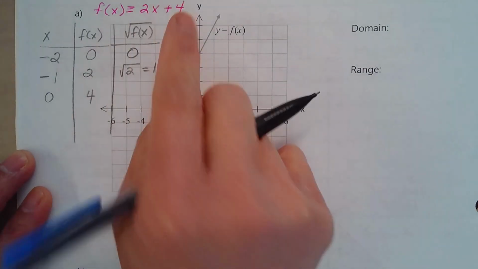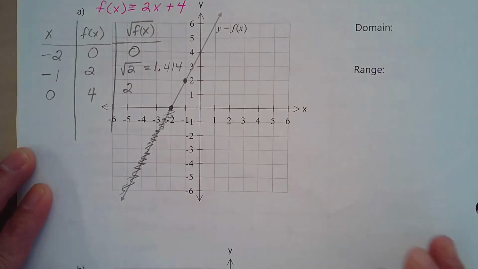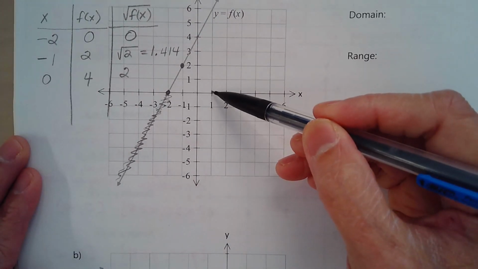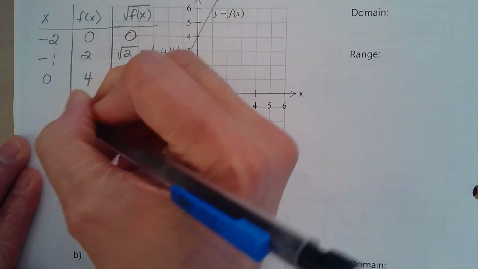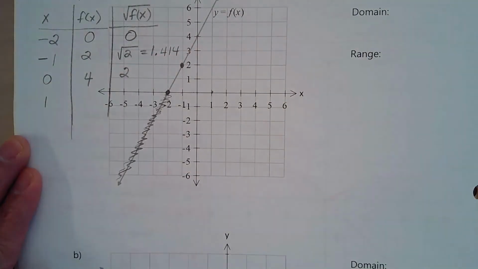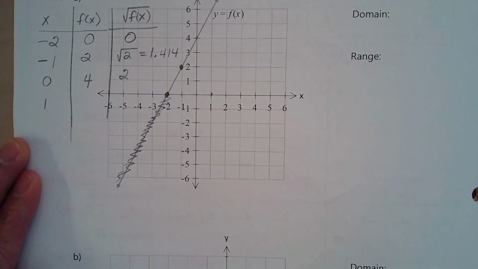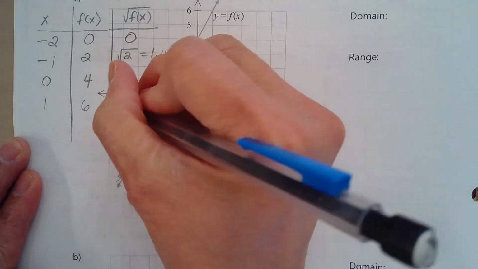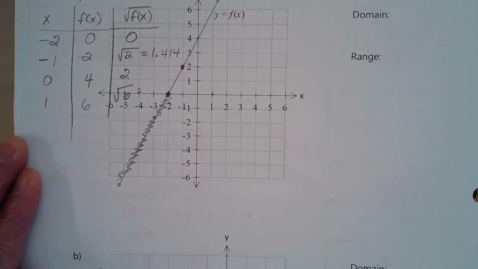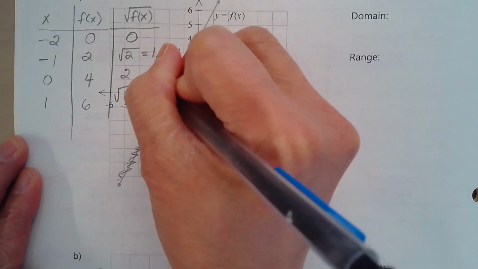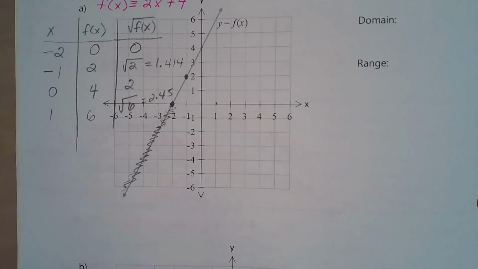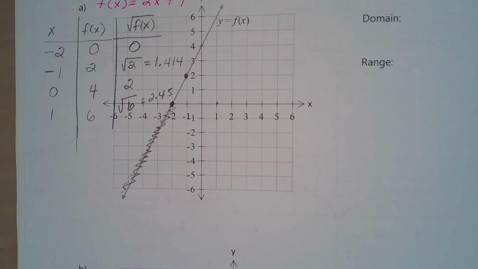What's the square root of f of x? 2. What else do you know? If x is 1, what is the y? 6. And what's the square root of that? The square root of 6 would be 2.44945.